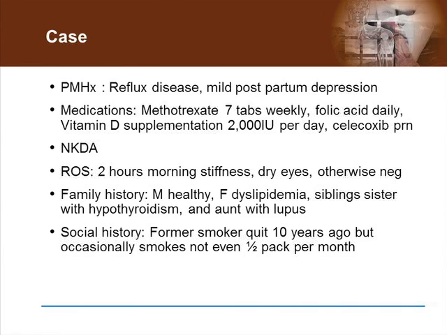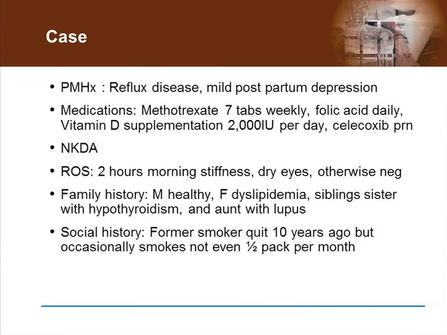Due to family planning issues, she did not want to go on any DMARDs until about a year ago. Her past medical history consists of some reflux disease that she treats with over-the-counter Pepcid. She was diagnosed with some mild postpartum depression after her first child.